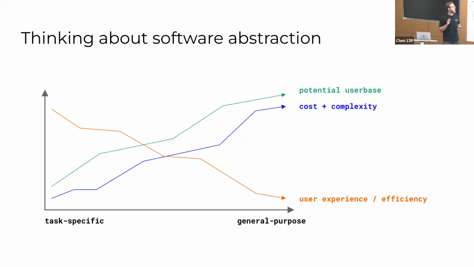The other thing, and I cannot say this enough, from an engineering perspective: the higher the abstraction, the greater the cost, the more complexity, the more time consuming it is to implement. It's just harder to anticipate the needs that more people might have and design for them. So that's a huge consideration.